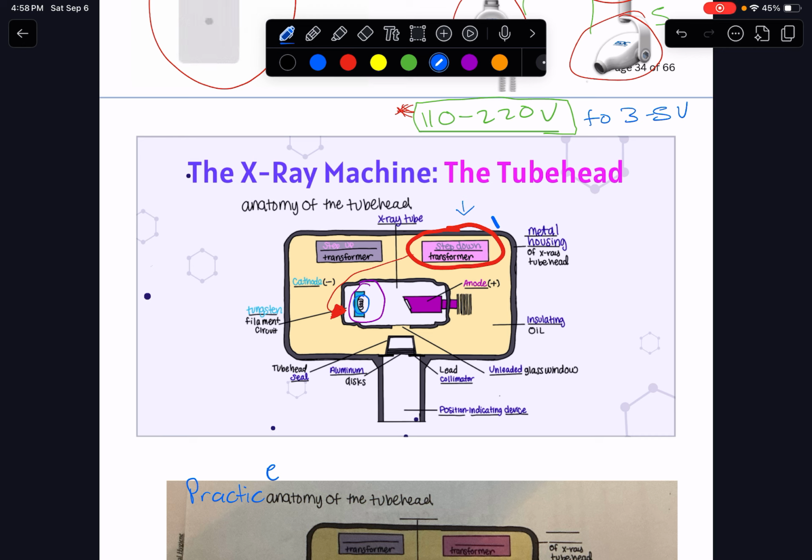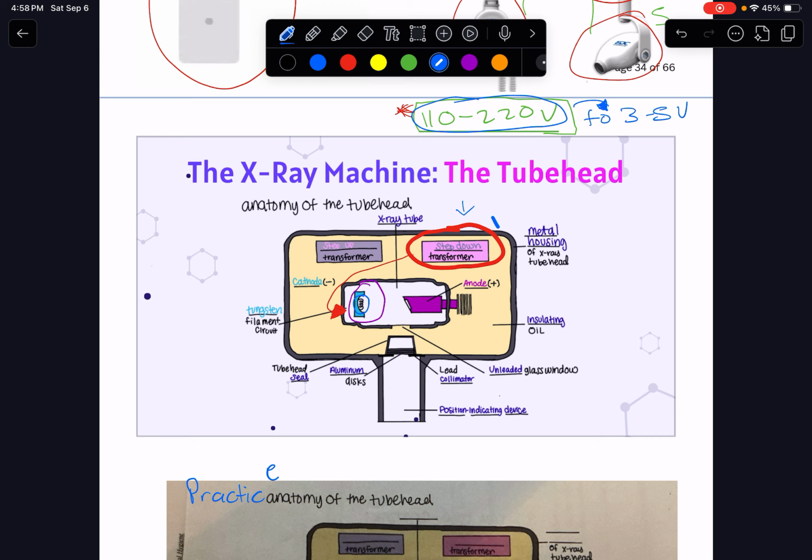That's why this number goes down, because this number is way too high. If it hits it at 3 to 5 only, it's enough electrical power to heat up that filament, because that's the goal, to heat up that filament so we can get electrons. So that's why it automatically does that.